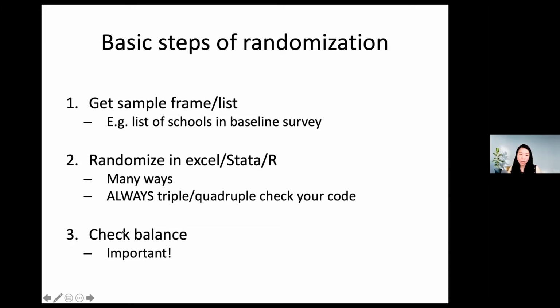And that's not all. Once you do the randomization, the most important step is to check the balance. So what this means is you want to make sure the two groups, the control group and the treatment group, are identical in a lot of variables.